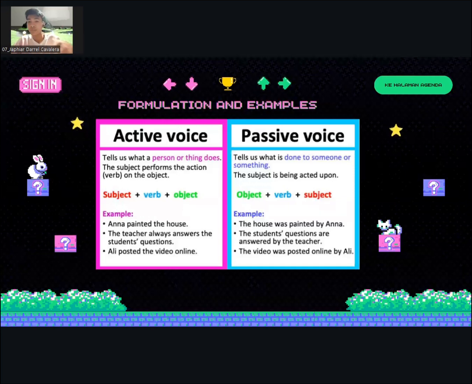And next, the passive voice. Passive voice tells us what is done to someone or something. The object is the subject that is being acted upon. Object, verb, subject.